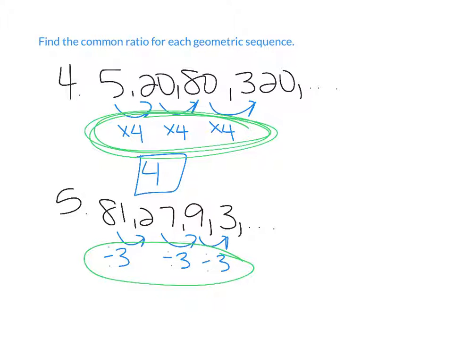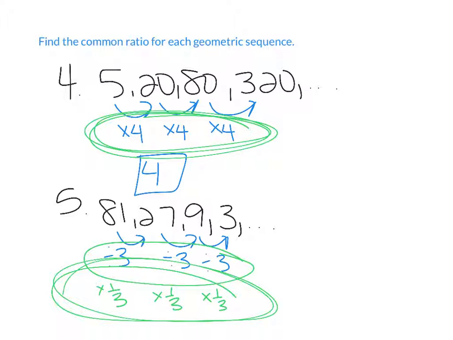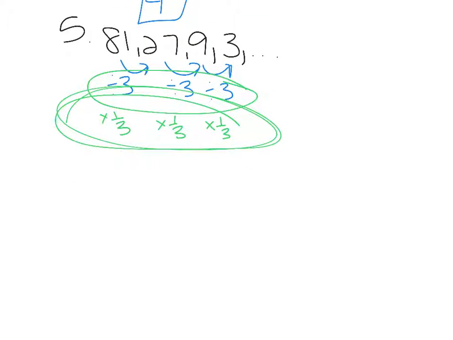So we don't want to say divide by 3. Instead of dividing by 3, the same thing would be to multiply by 1/3. So the common ratio is 1/3. We don't want to use division. We want to use multiplication.